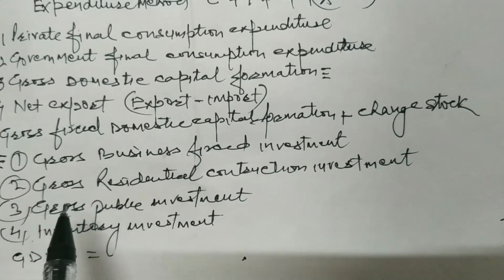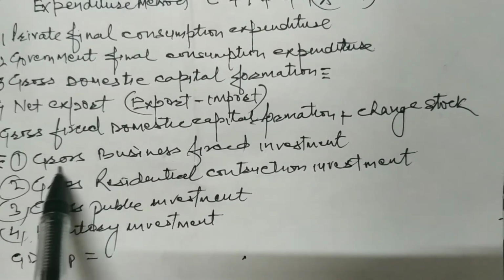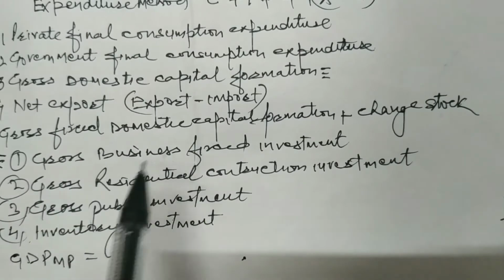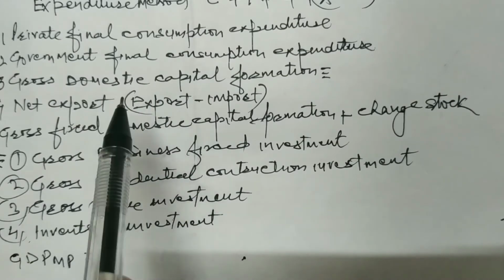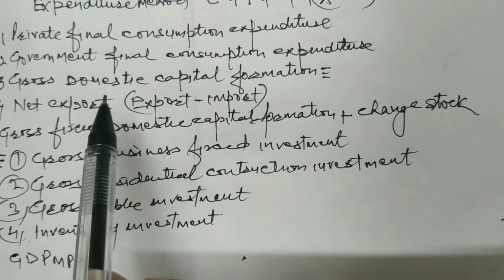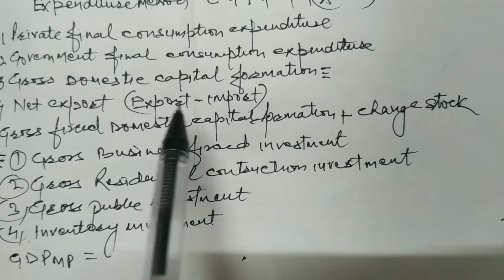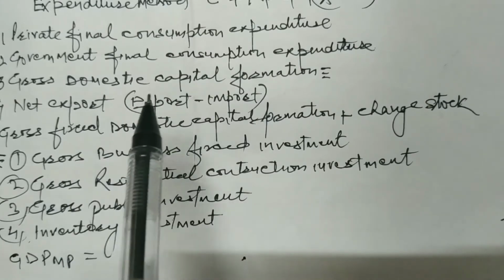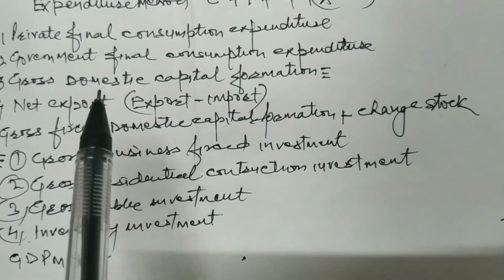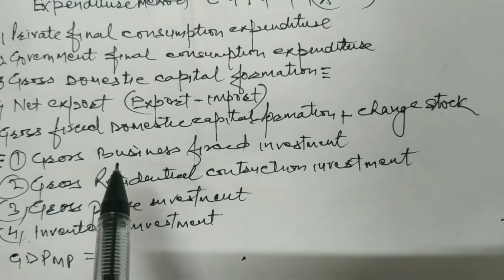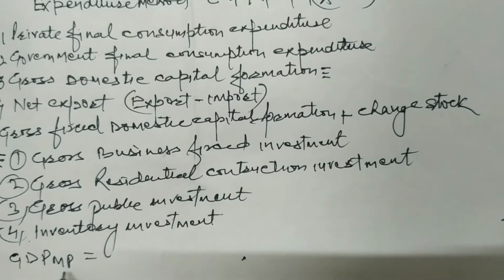The value of the depreciation is included here, gross, and whatever the expenditure is made, it is made at the market price. It is made in the market, so the market price means net indirect taxes are included. That's why it is called GDP at market price. G means gross, D means domestic, P means product, MP means market price.